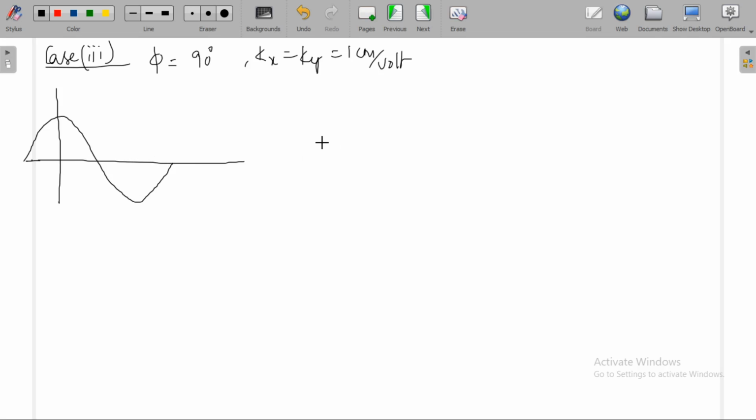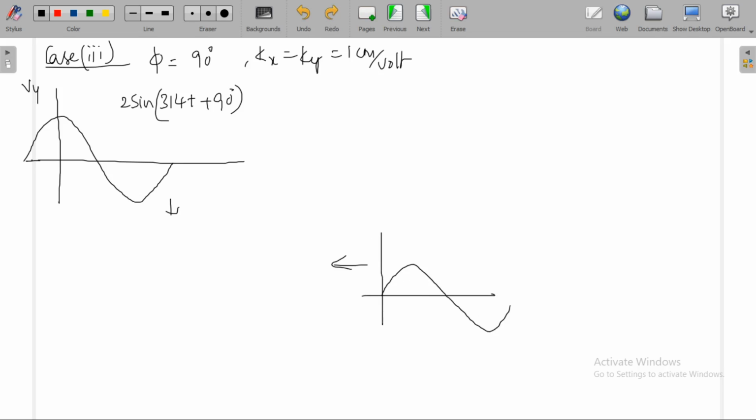This is Vy. Here Vy is equal to 2 sine 314 t plus 90 degrees. This is Vh or Vx.